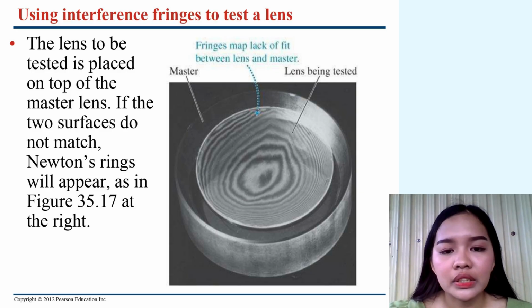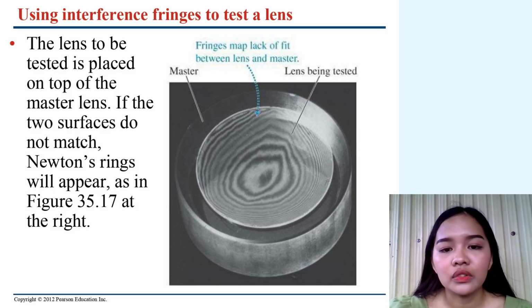This is used industrially. To check if a lens is perfectly shaped, you place it on top of a master lens that is known to be perfect. If your lens is exactly the right shape, the air gap is the same everywhere, so you see one solid color.